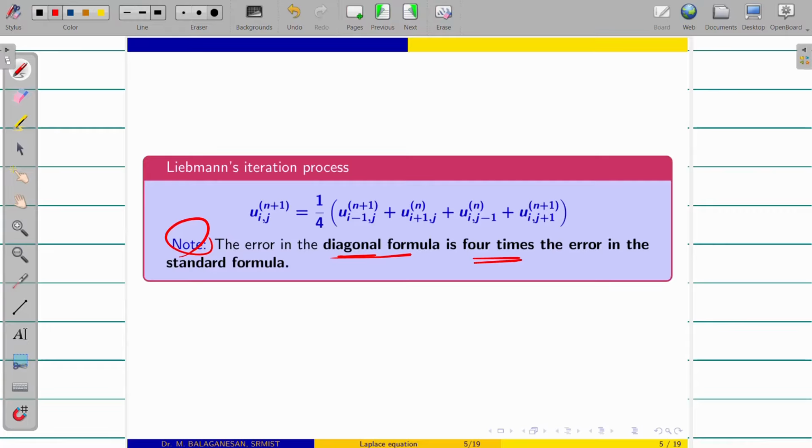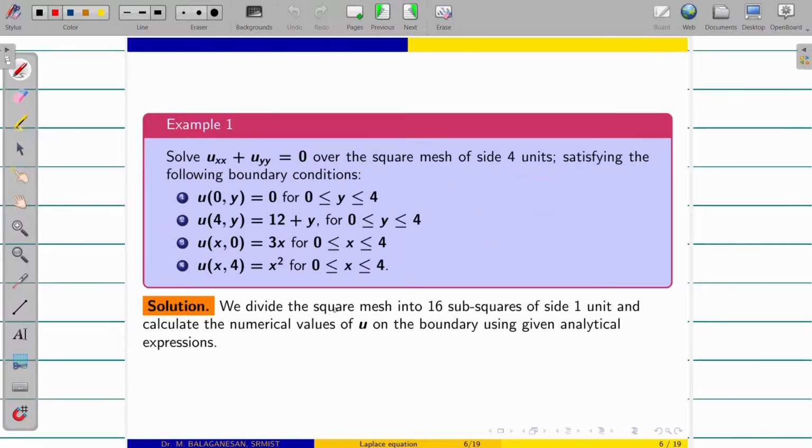Okay, good. Now I will explain this concept with an example: how to get the solution for the Laplace equation. We are going to discuss the problem now. Right. u double x plus u double y equal to 0. So in this unit, we have to identify the problem with the help of the given differential equation only.